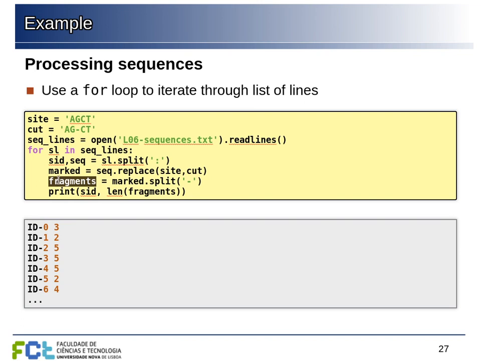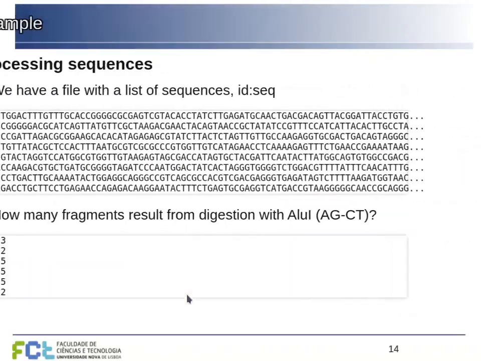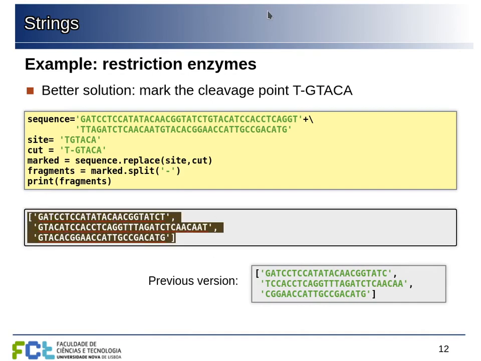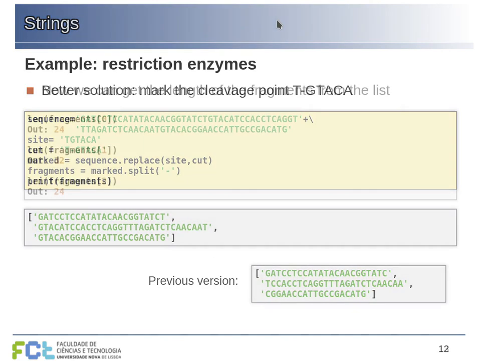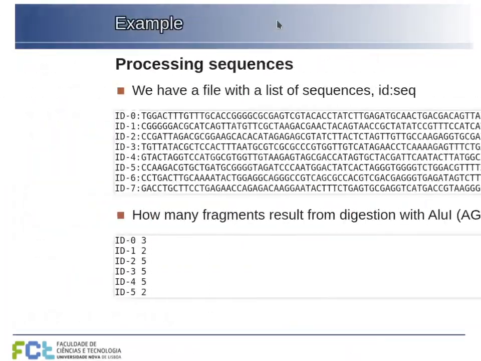If this list is length 1, we have only one fragment, there was no cut. If this list is length 2, there was one cut, we have 2 fragments, and so on. Because this list is the list of strings with the different fragments resulting from the digestion, something like this. So if this list has 3 elements, then there are 3 fragments after digestion. Okay, so this is the solution here.